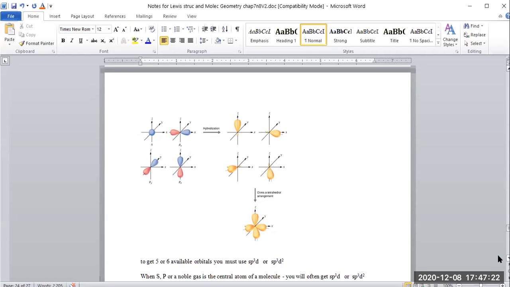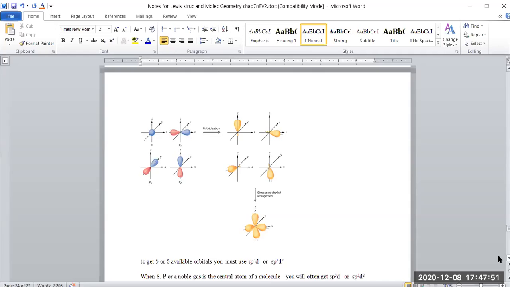But you have 4 blobs that all poke out at that magic 109.5 degree differential between the legs. And this is what allows you to have tetrahedral geometry for things that have 4 legs.